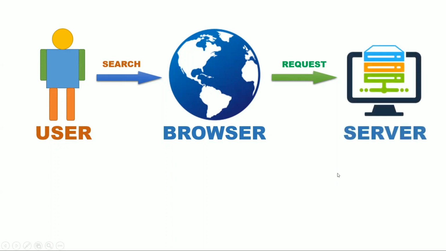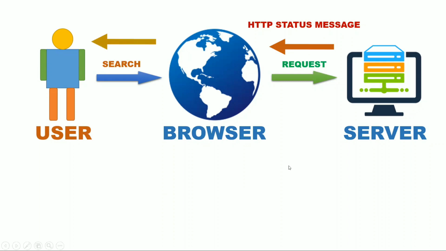And then the web server takes that request and generates an HTTP status message, which is sent by the server to the web browser. And according to that HTTP status message, the browser will fetch the data from the server and generate the results which are shown to the user. So that is exactly how this whole thing happens.